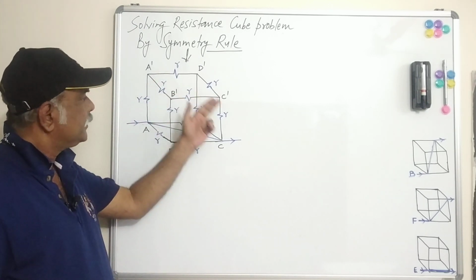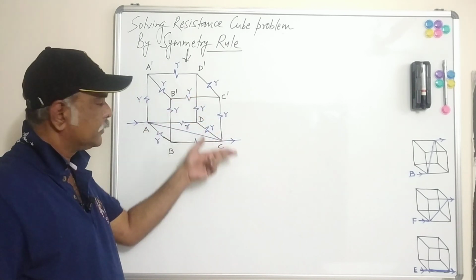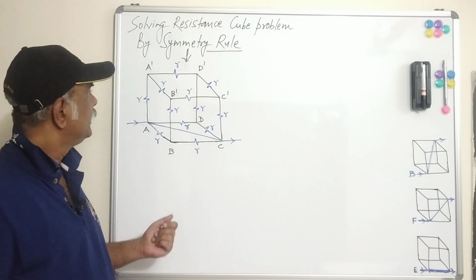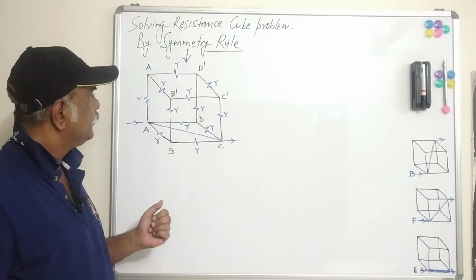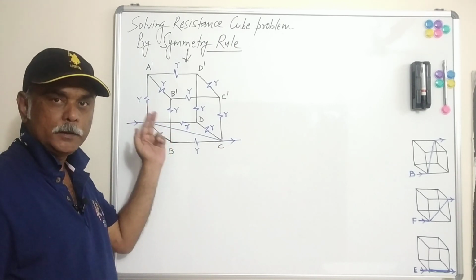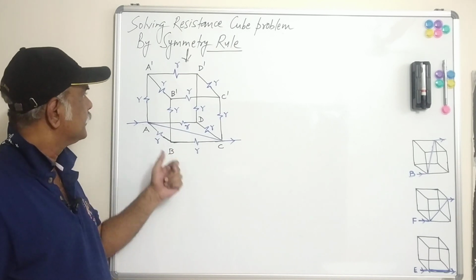Every time you will have similar resistances. You can have all resistances of 1 ohm, all resistances of 2 ohm, all resistances of 2R, something like that, isn't it? What we are going to do here is solve it by the method of symmetry, or symmetry rule, instead of going for Kirchhoff's law.